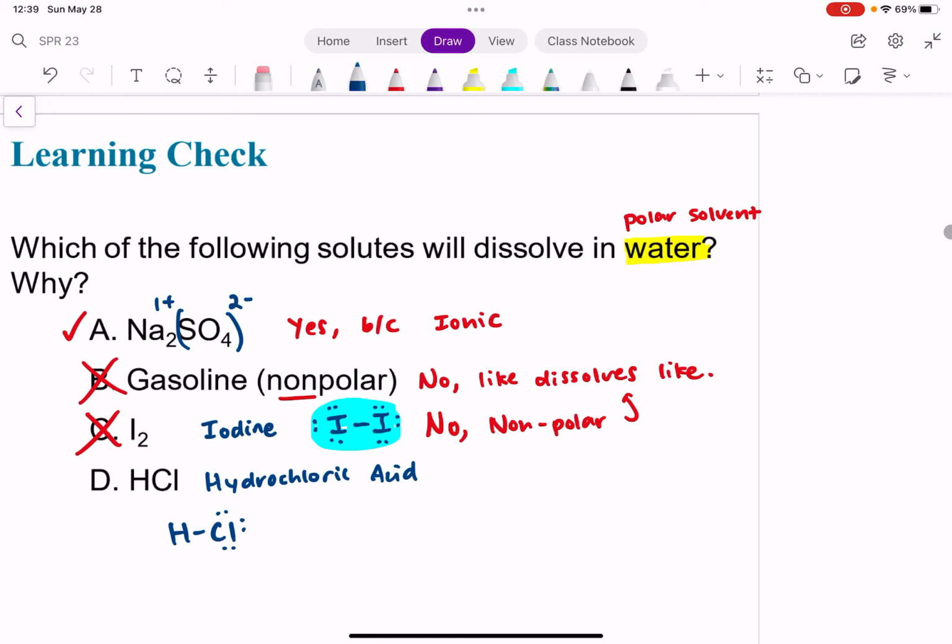And let's think about whether this is going to be polar covalent or nonpolar covalent. Do you think hydrogen and chlorine, even without looking at an electronegativity chart, have the same electronegativity value? No, they don't. Chlorine's all the way on the right of the periodic table and hydrogen's all the way on the left. If electronegativity increases as you go up and right on the periodic table, they're not going to have the same electronegativity value.